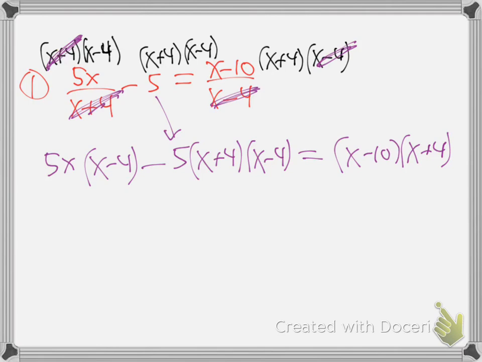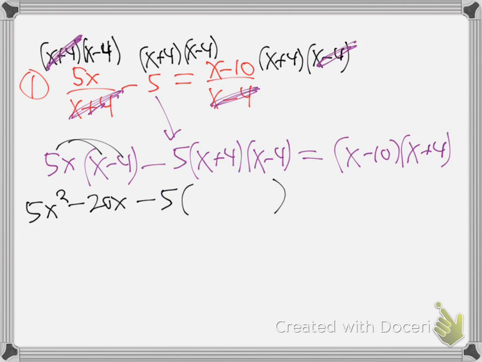So now it's still not an easy problem at all. These are tough. Then you got to distribute: 5x squared minus 20x. Now how do you, look at that, that's just tough. How do you do that whole thing? I would let the minus 5 sit there and FOIL the rest.